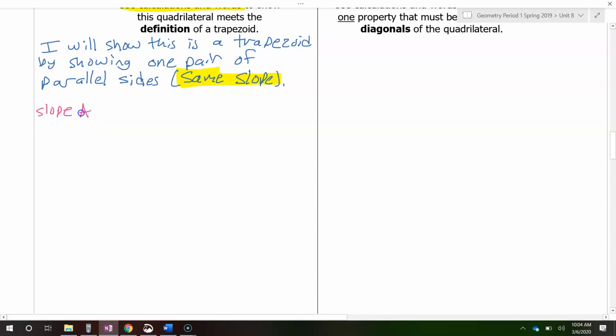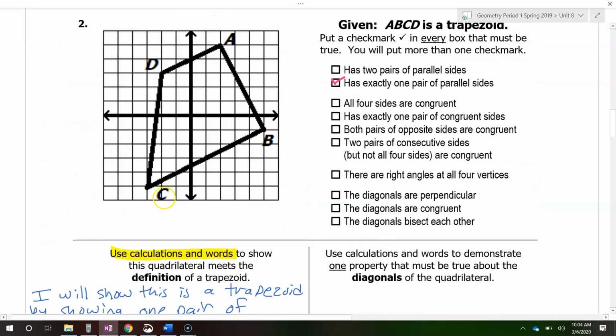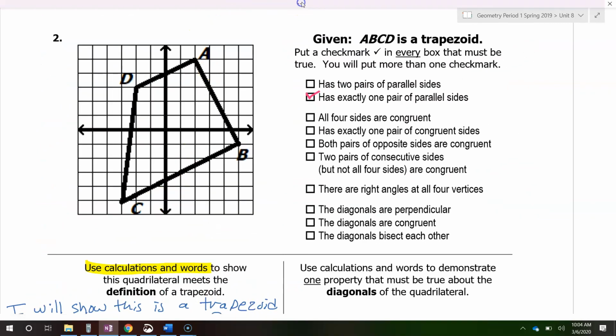Slope AB, slope BC, slope CD, and slope AD. And this is just rise and run.